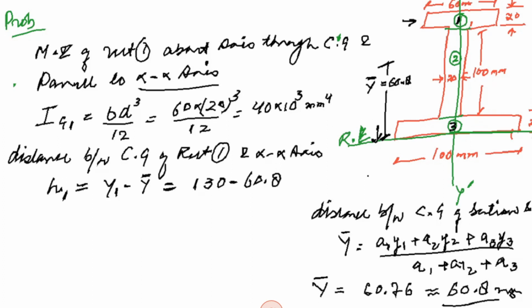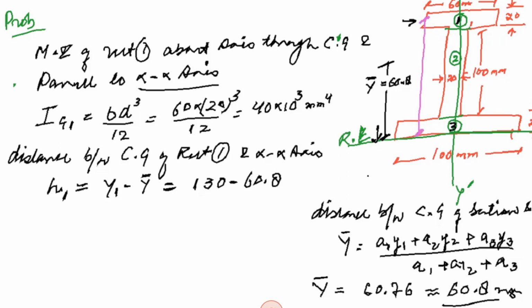You got it. Why did we calculate h1? This was our y1 for rectangle 1. Y1 was this distance when we are talking about rectangle 1.